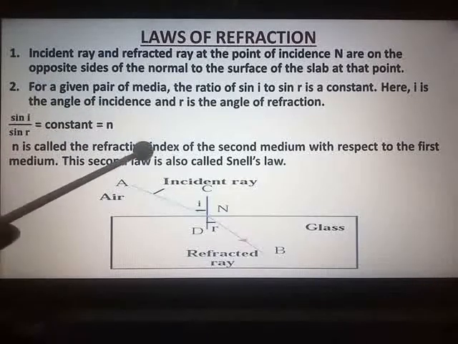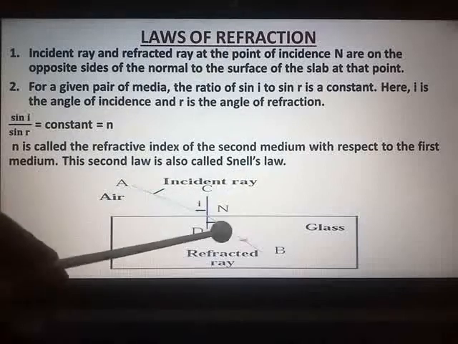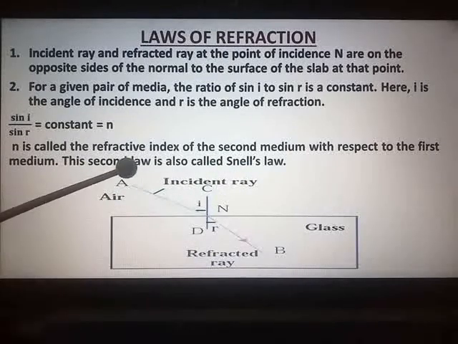It is called as refractive index of second medium with respect to the first medium, and the second law is also called as Snell's law. And I have told you here, direct question can be asked about the laws of refraction, or they will provide you with this glass slab experiment, and from that they will ask you different questions based on this topic.